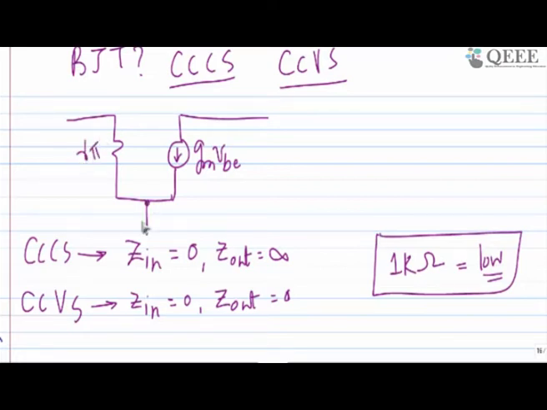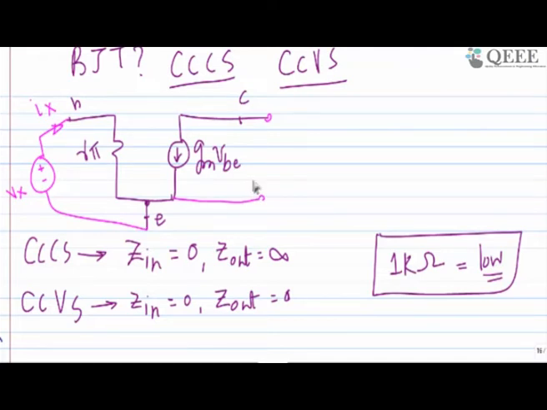If I want to find the input resistance from here to here, this is base, this is emitter, and this is collector. I have to apply a known potential Vx, measure the current, and find Vx by Ix. When I am doing this, the output terminal should be open.